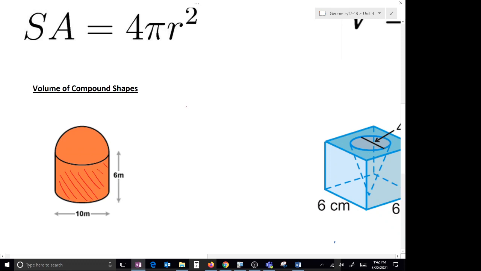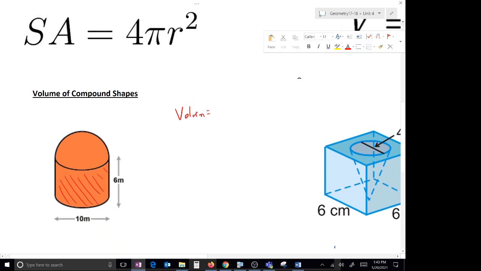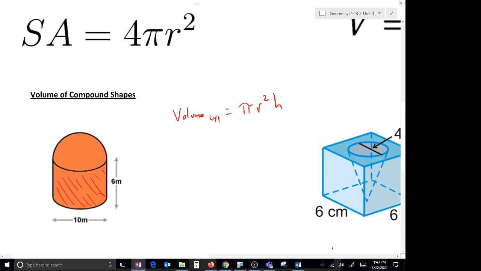So the volume of a cylinder equals pi r squared h. In this case, our radius is going to be half of that 10, so 5.